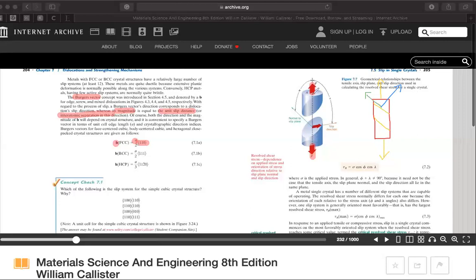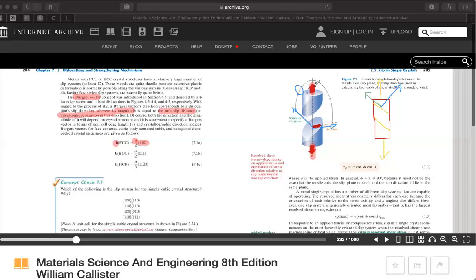So here you're applying a uniaxial load, and this is the slip direction, which is parallel to the surface, and this is the normal to the slip plane. We now need to consider the angles correlating the axis of the applied stress F and the normal to the plane, and we call this phi.